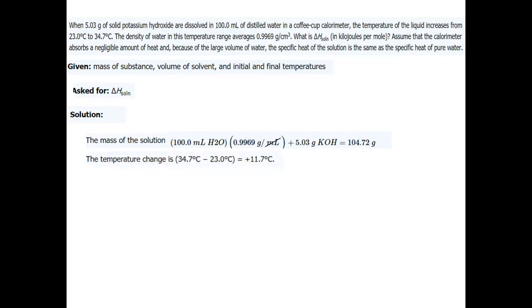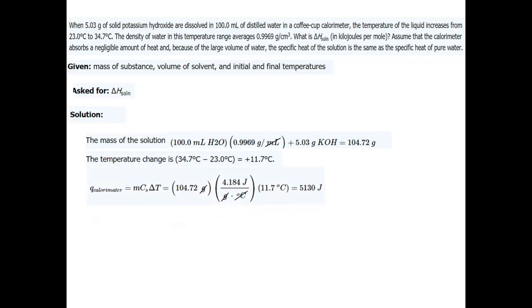Now the temperature change will be the final temperature minus the initial temperature. So 34.7 degrees Celsius minus 23 degrees Celsius gives us 11.7 degrees Celsius.